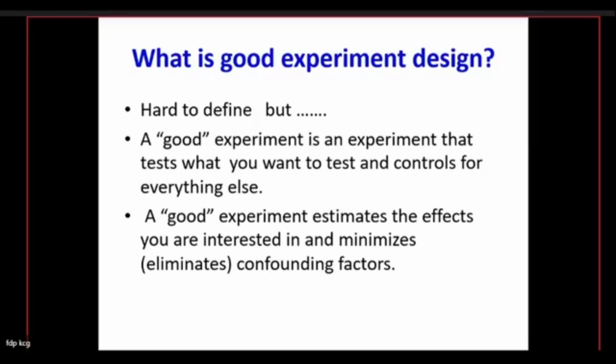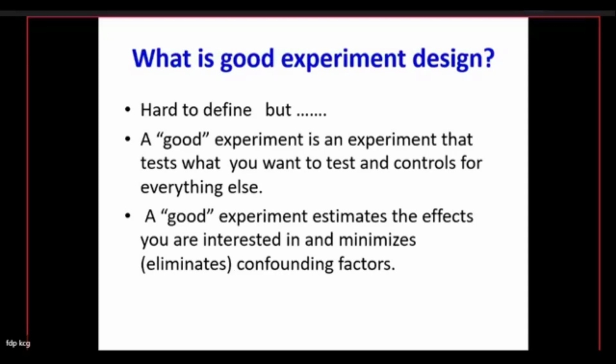when we want to have experimentation, a good experiment is an experiment that tests what you want to test and controls for everything else. There are so many other factors in a good experimental design, but in summary, a good experiment can test what we want to test and control all other factors which are affecting the experiment.